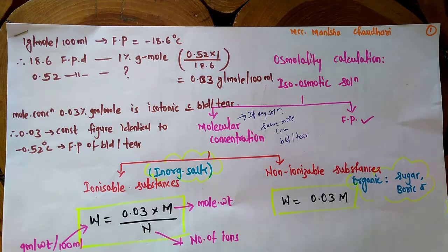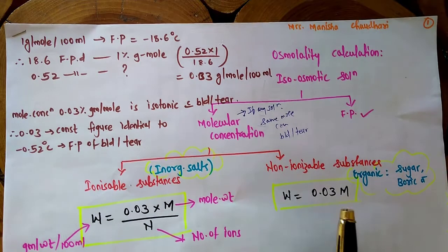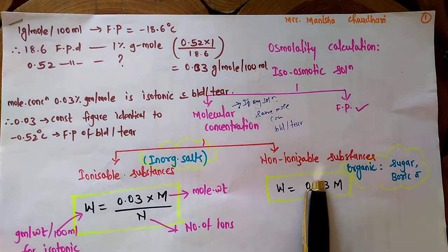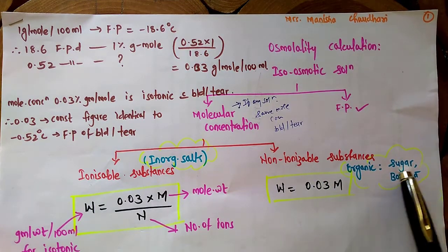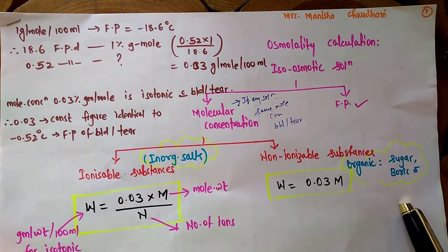There the formula was (0.52 − a) / b, where 0.52 was the freezing point of blood serum or lacrimal fluid. Here there are two formulas. The first is for non-ionizable substances, for example organic substances, sugar or boric acid.